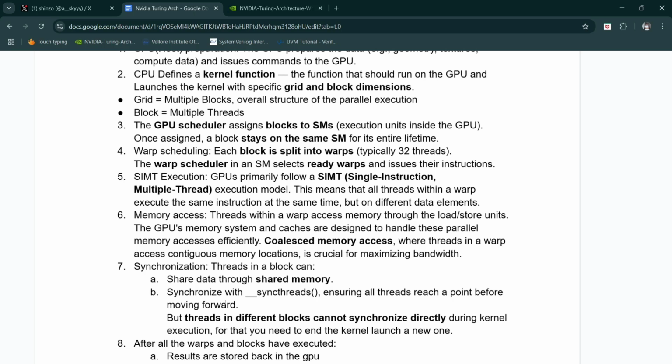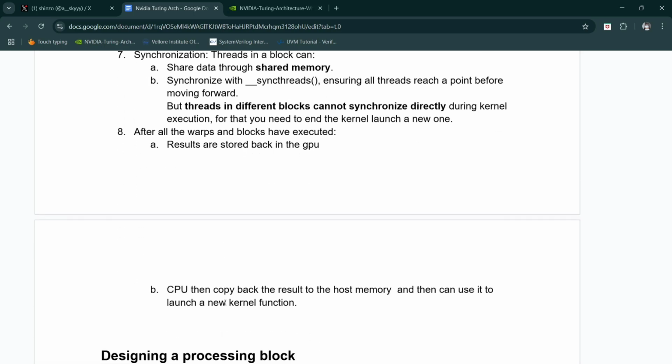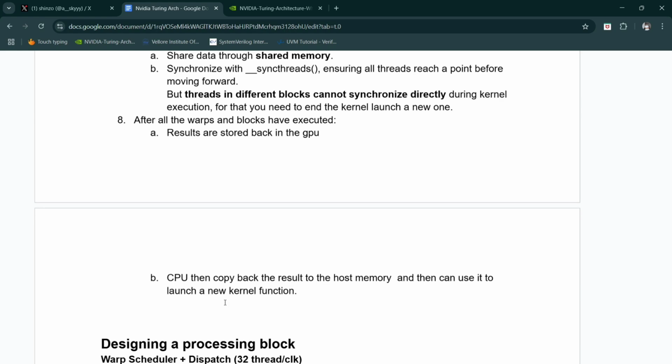But if the threads are located in different blocks, they can't synchronize directly. For that, you'll have to close the kernel and then relaunch a new kernel. After the warps and blocks have executed, the result is stored back in the GPU, and the CPU then uses this result to access or to launch a new kernel function.